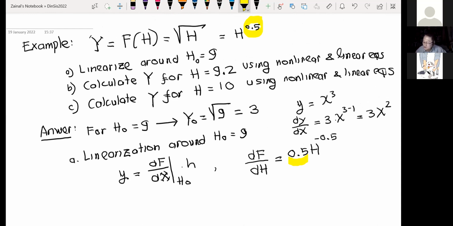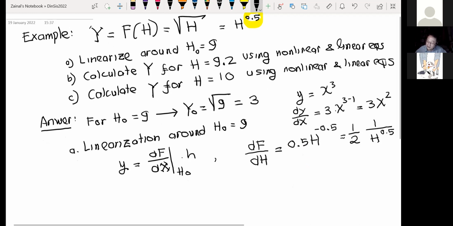Okay, so this one becomes 0.5 h power minus 0.5. And this one is the same with 1/2, and this one becomes 1 over h power 0.5.